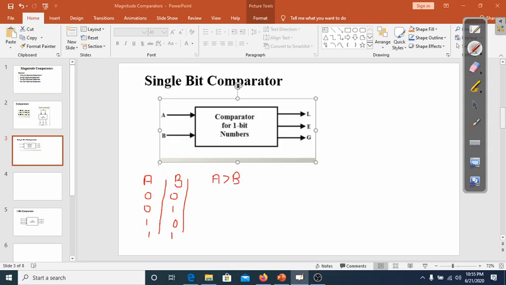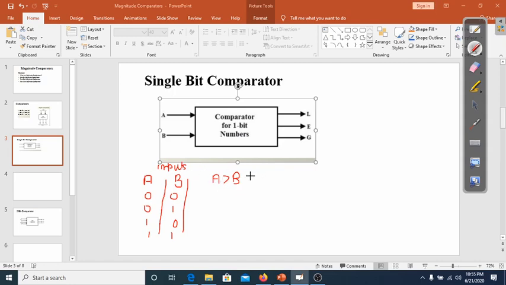So A and B are the inputs, and here we have the outputs.